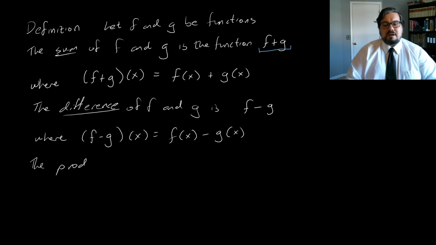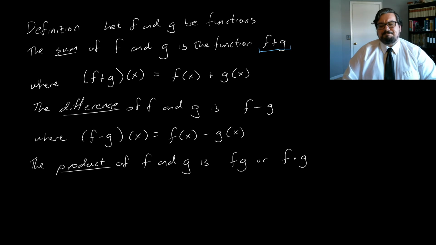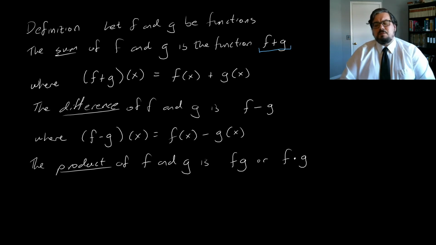The product of f and g is fg, or sometimes f times g. Of course, we often don't write the multiplication symbol in between two symbols that we're multiplying.